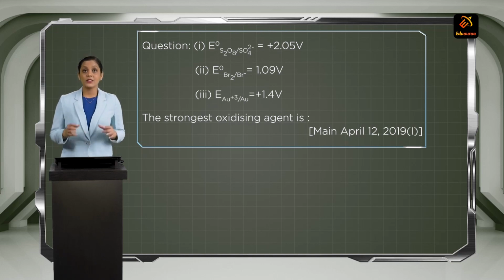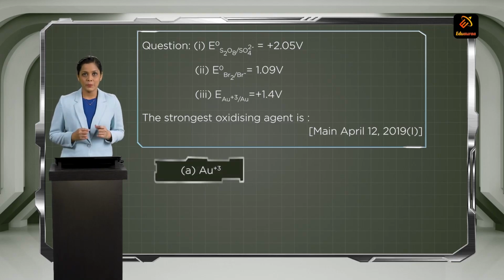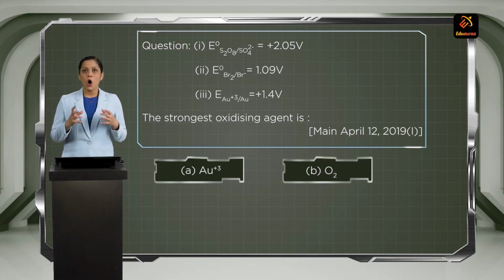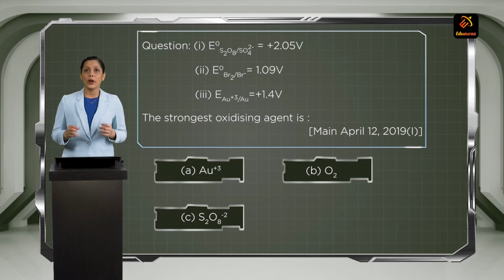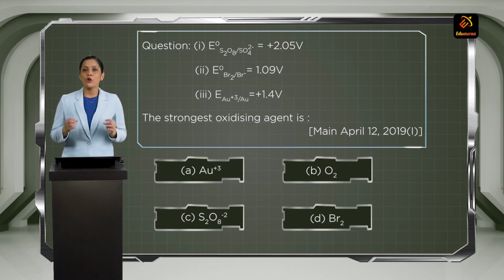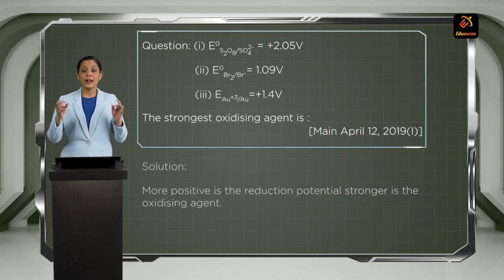We need to find the strongest oxidizing agent. Option A, Au plus 3, that is gold in plus 3. Option B, O2. Option C, S2O8 2 minus, that is persulfate. And option D, bromine, that is Br2. Students, here just keep in mind that more positive is the reduction potential, stronger is the oxidizing agent.